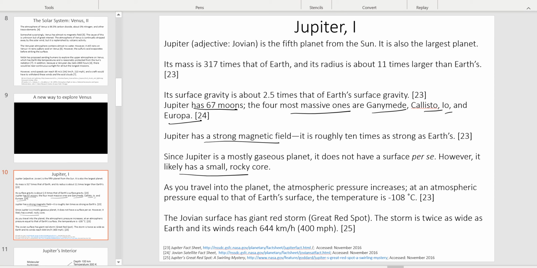Just a tidbit of fact about the atmosphere. If you travel into the planet, the atmospheric pressure increases, as you might expect. At an atmospheric pressure equal to that of Earth's surface, the temperature is about minus 108 Celsius. And so you can say that roughly this is the surface temperature of Jupiter. Again, we're using surface in a non-literal sense.